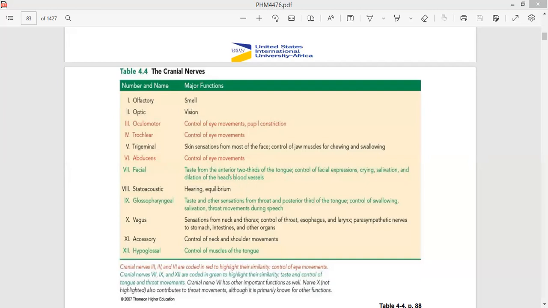Ophthalmic will relate to the eye. The mandibular is where the jaws will be. The maxillary, what does the maxillary do? Which organ is it involved with?